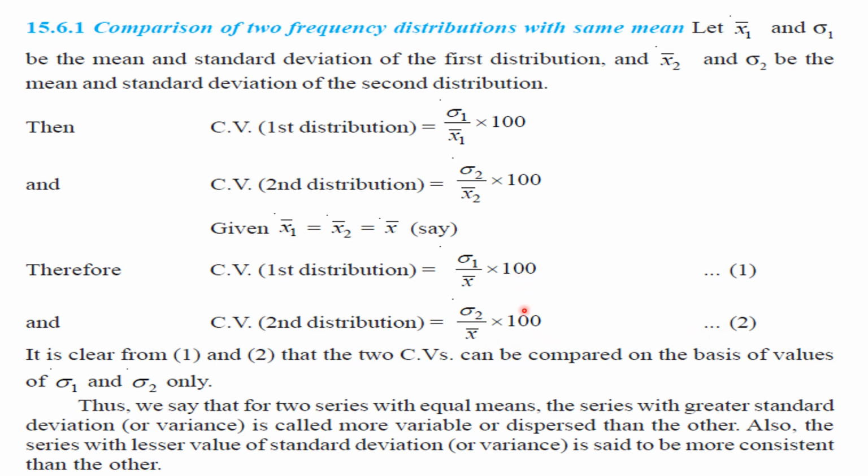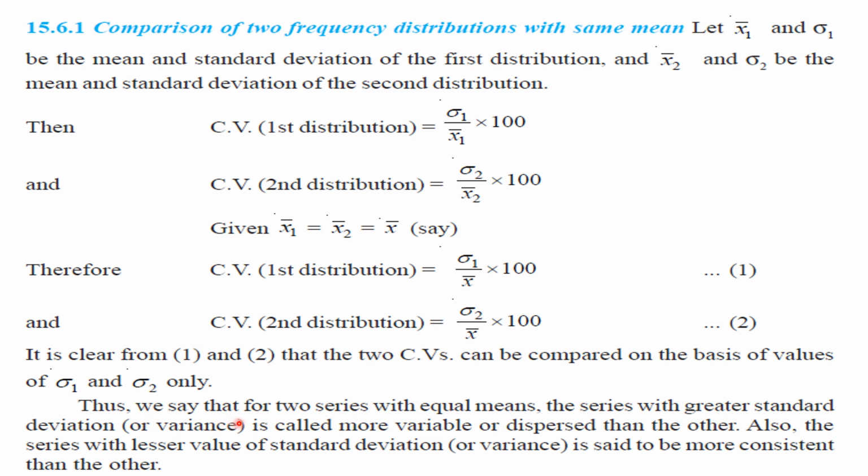By comparing results 1 and 2, it is clear that the two coefficients of variation can be compared on the basis of values of sigma 1 and sigma 2 only. If we observe these two results, we can compare these two distributions by comparing the values of sigma 1 and sigma 2 only.